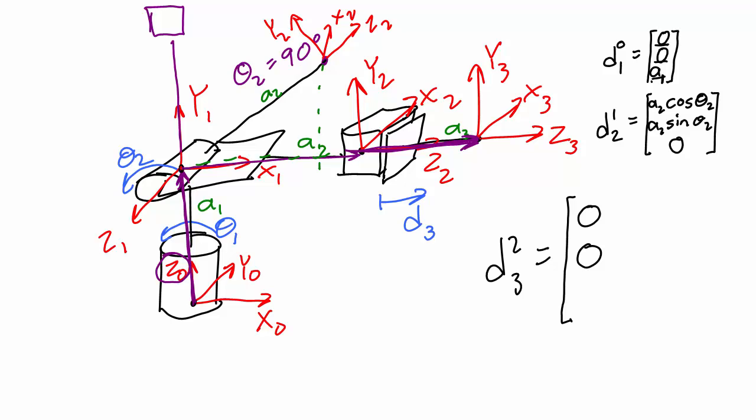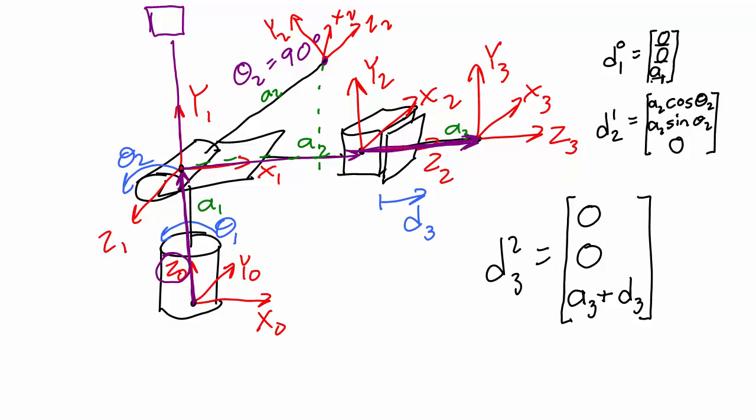But as soon as d3 becomes non-zero, frame 3 will slide along the x direction and the distance between these frames will increase. So the actual displacement between these frames in the z direction is equal to the link length, A3, plus however much the joint variable d3 has moved.